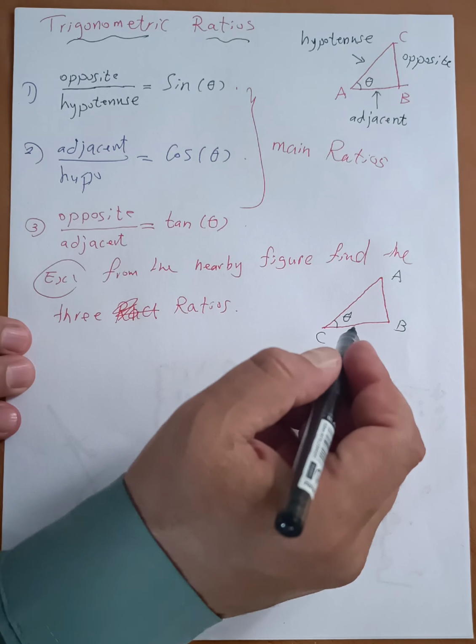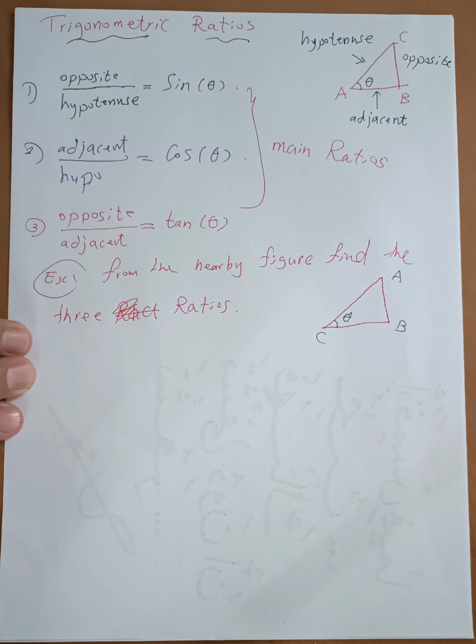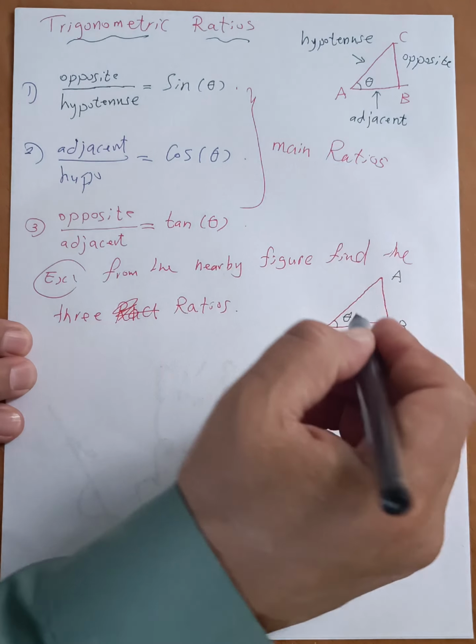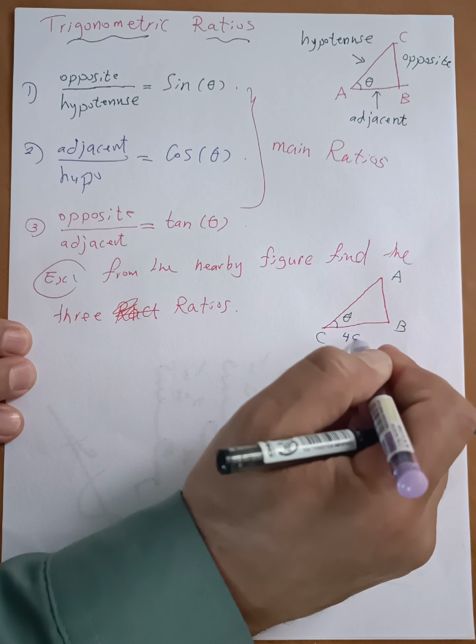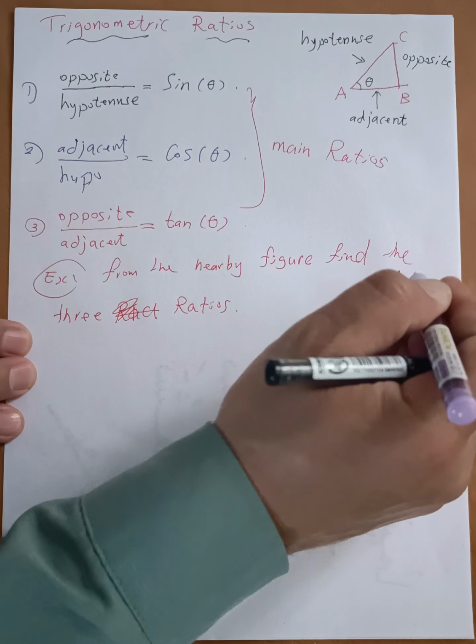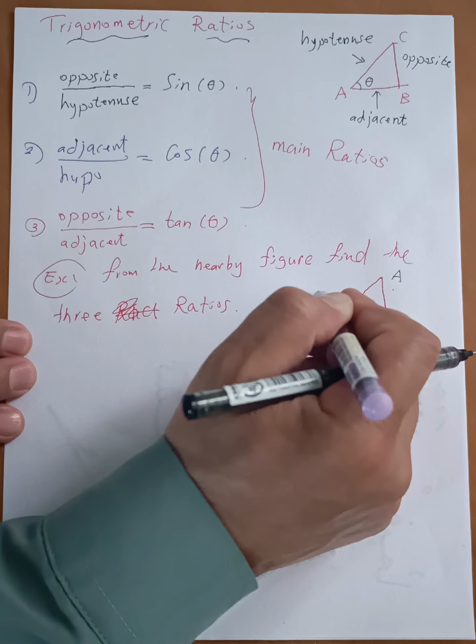Now, from this question, he asks me to find the three ratios. When he tells me the three ratios, he means sine theta, cosine theta and tan of theta. And he fixed the length of every side, writing here 4 centimeters, and here 5 centimeters.